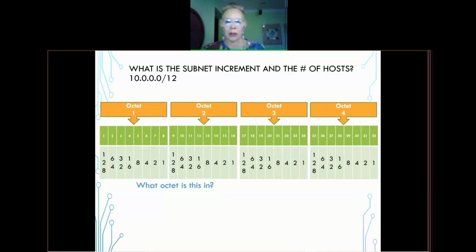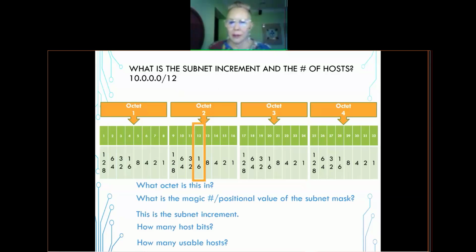All right, do we all agree it's octet number 2? Okay, now how about the positional value? What will my subnet increment be? So a /12 is the 16, right? It's the 16.